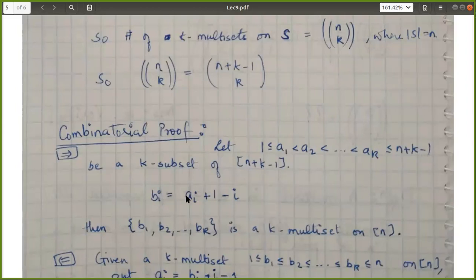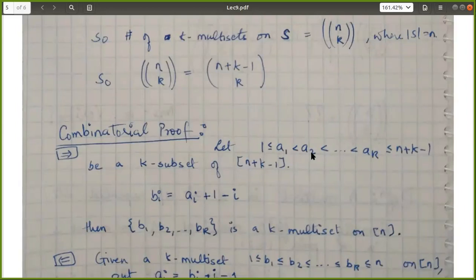Why so? Because from ai you are reducing i. So from AK, at least K is getting reduced, right? Since these are in strictly increasing order, A1 is at least 1.